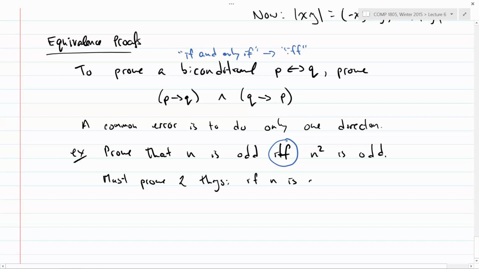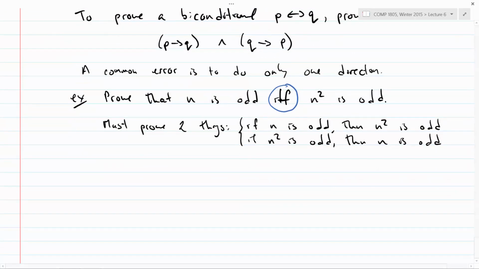If n is odd, then n squared is odd. And if n squared is odd, then n is odd. We have to do both of those things. All right, so we'll do the first one directly. So this one up here I'll call number 1. That's number 2. Number 1 we can prove directly.